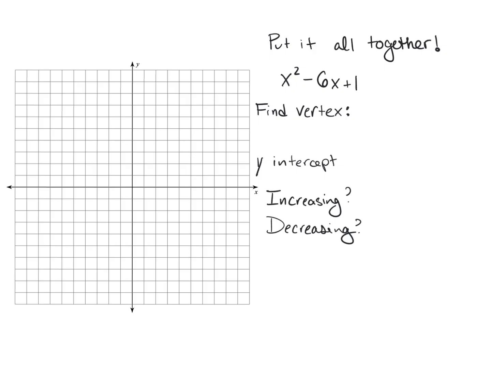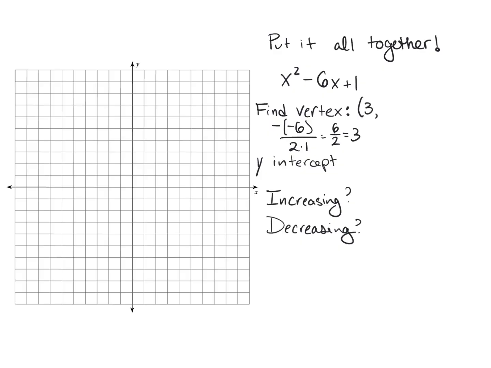So starting off with finding our vertex, that's going to be negative b over 2a. So this is going to be negative negative 6 over 2 times a, which is 1. So this is going to be 6 over 2, which is 3. So my x-coordinate's at 3.